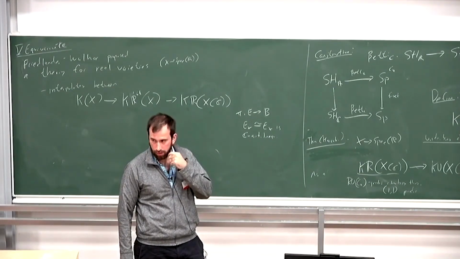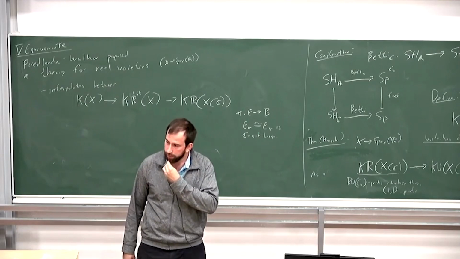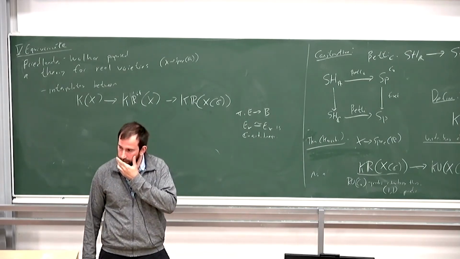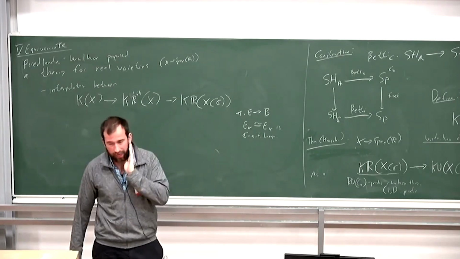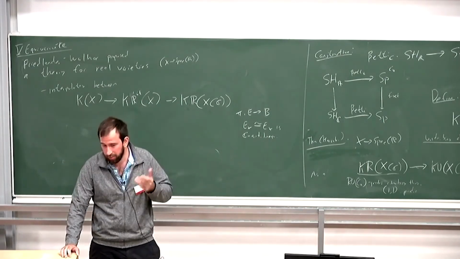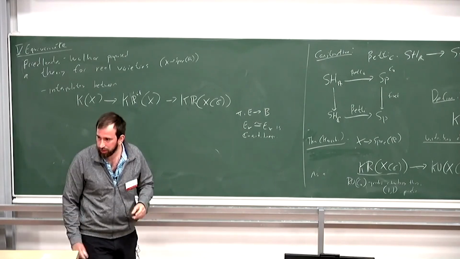In this twisted case, do you know if the lattice conjecture holds? I think you can state the parametrized lattice conjecture. I don't think it's any easier necessarily.